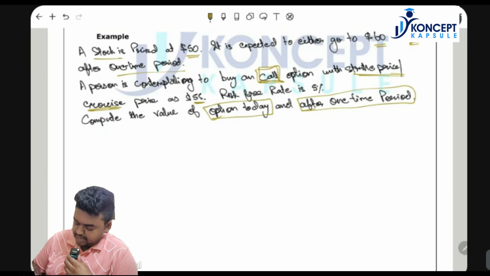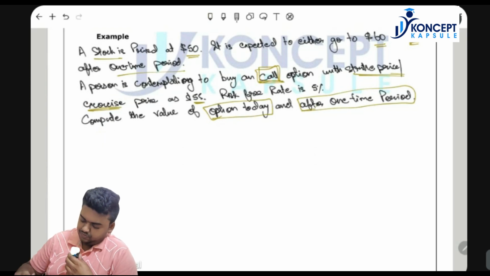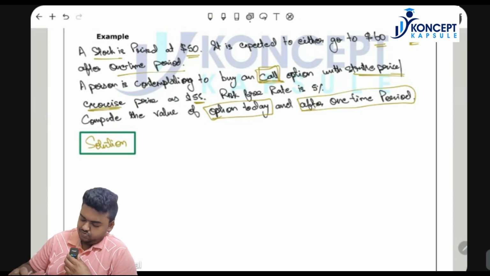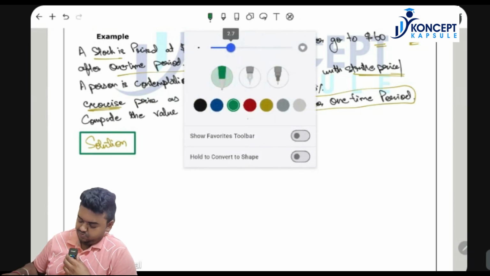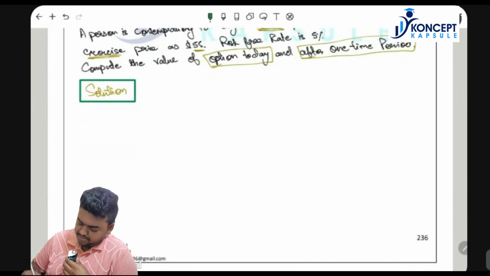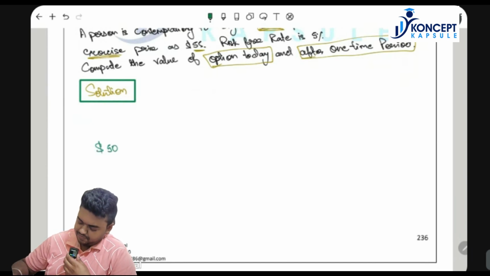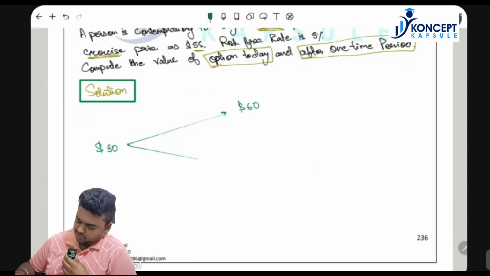So let us start with the solution. What we are given: the price of stock today is 50. It can go to 60 or it can come down to 40.